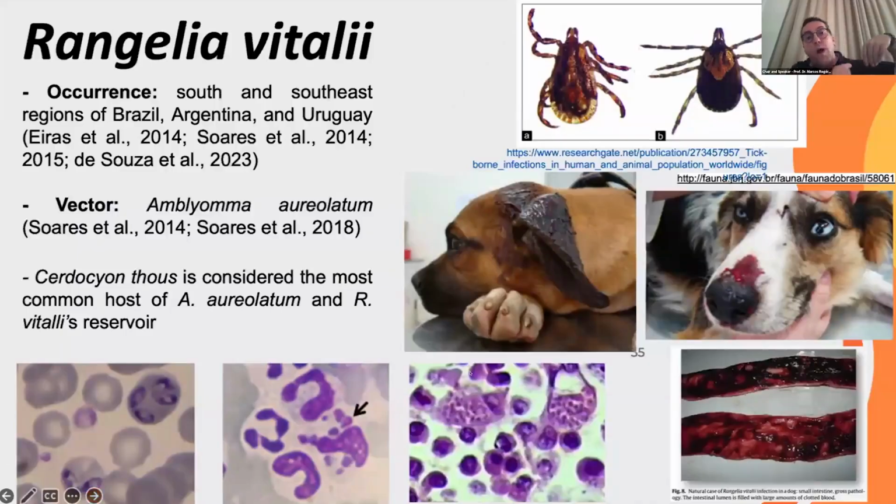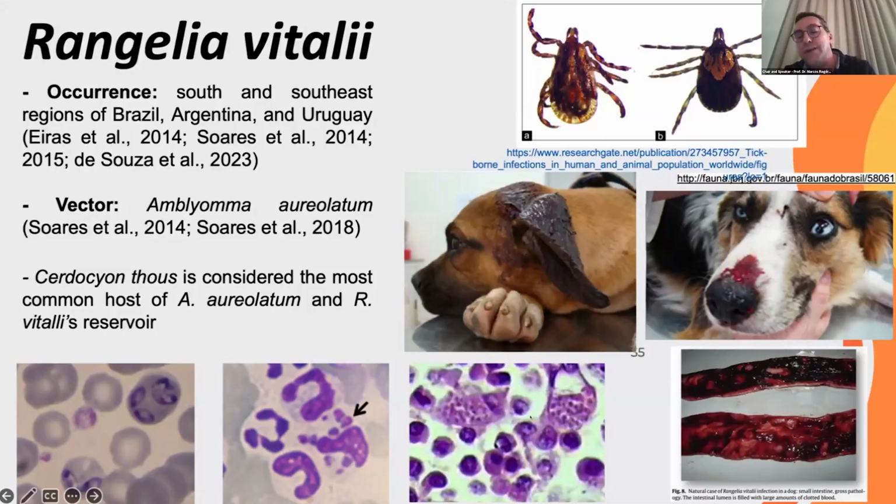So wild canids in Brazil are hosts for another piroplasm that only occurs in South America. It's called Rangelia vitalii, which is a Babesia sensu stricto, but different from other Babesia species. This parasite can infect, besides red blood cells, leukocytes and endothelial cells.